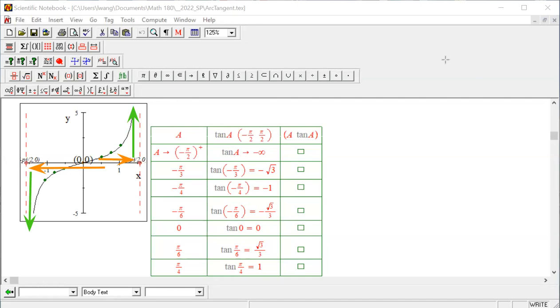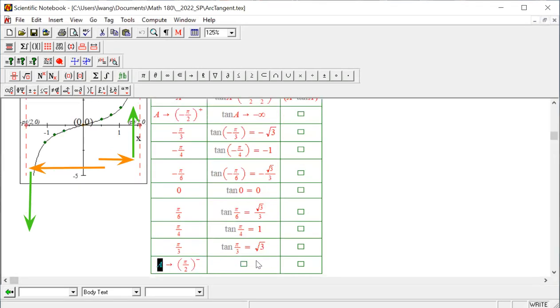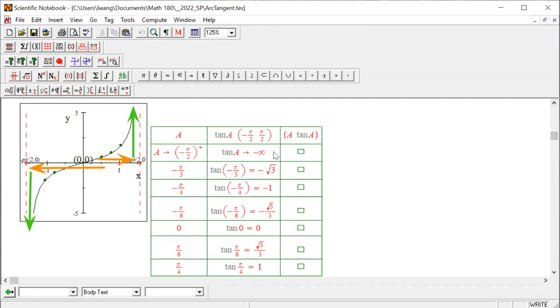We've seen that many times. So with that said and done, we know this piece is going to be tangent, and that ratio approaches positive infinity. Okay, so we are ready to create our arctangent.